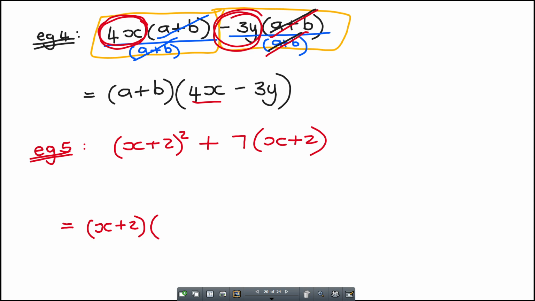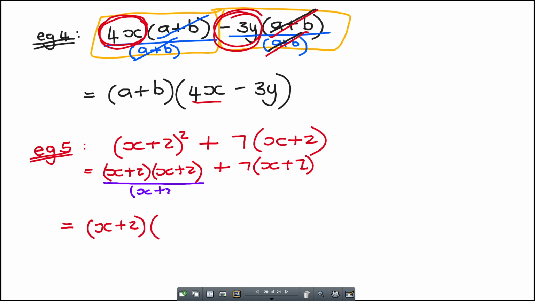Now, remember that this is actually x plus 2, x plus 2. Do you remember that? Now we said what we do is we put it over our common factor of x plus 2. Can you see that in the first term, this bracket will cancel out with that bracket?